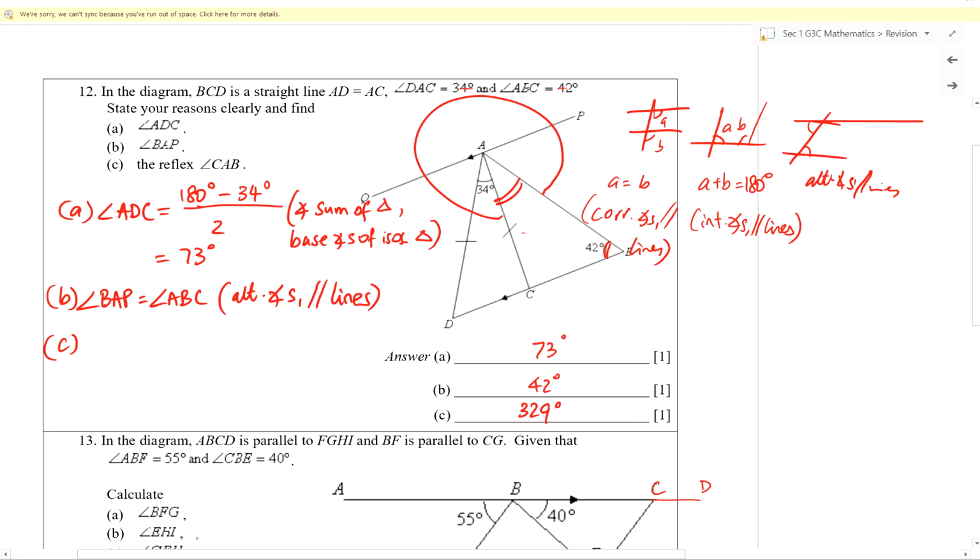So how do we find this big angle? I can see at least two ways to do it. I think it's helpful if I write down whatever we found out earlier on. A, B, C, 73 degrees. Okay, so how will you all do this?